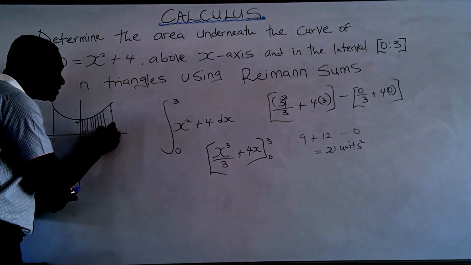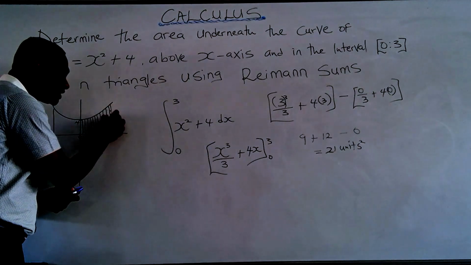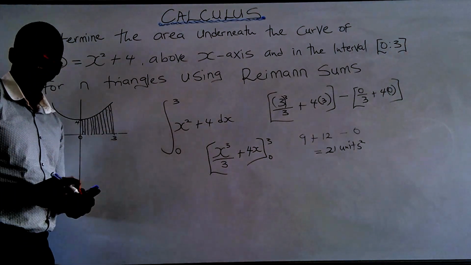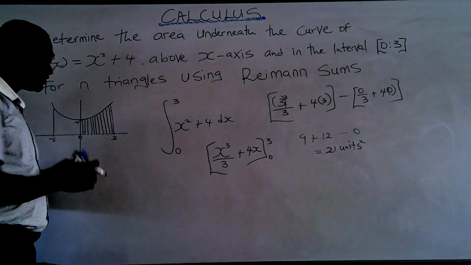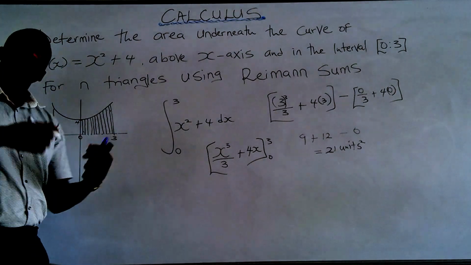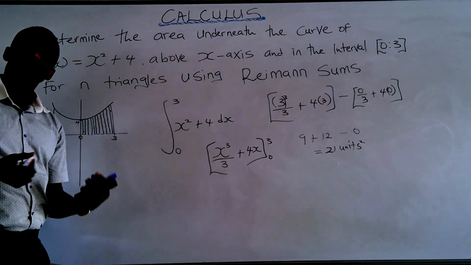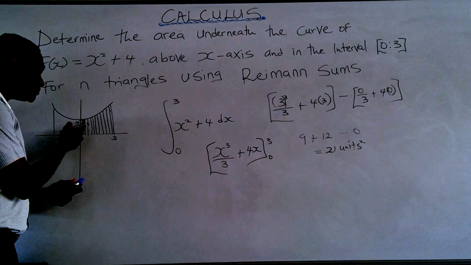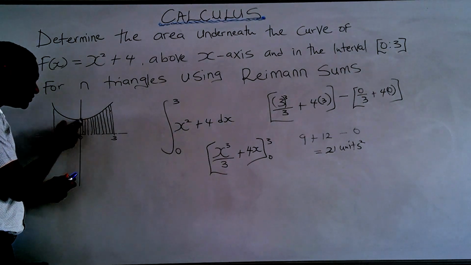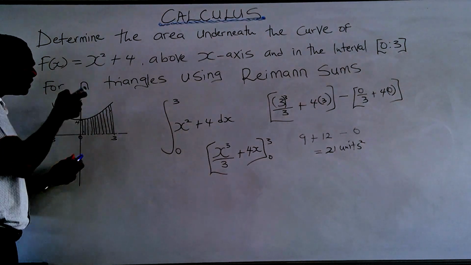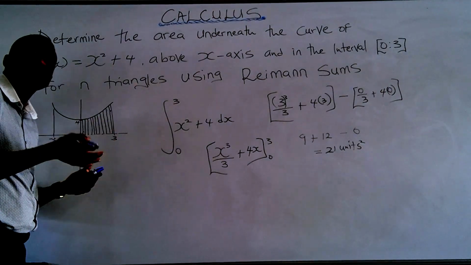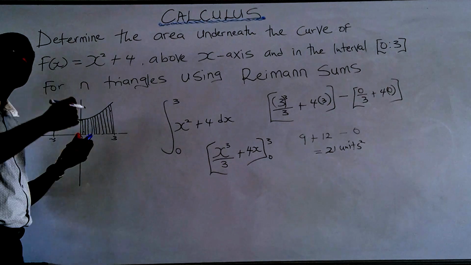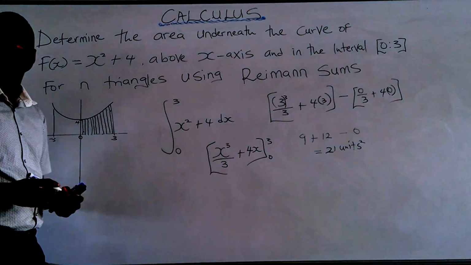And he said that the more rectangles you have under this, the closer you get to the actual value. So if you have 5 rectangles, you are further away from the actual value than when you have 20 rectangles. Because if you have more rectangles, the curved section starts going away, and we can use length times breadth.